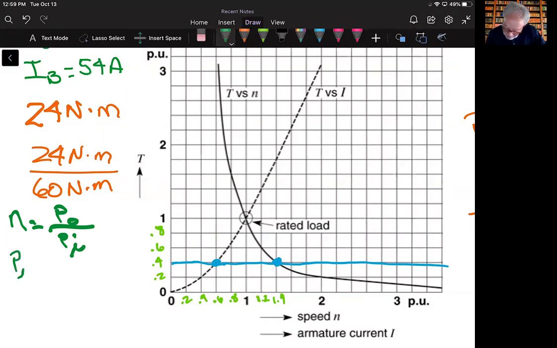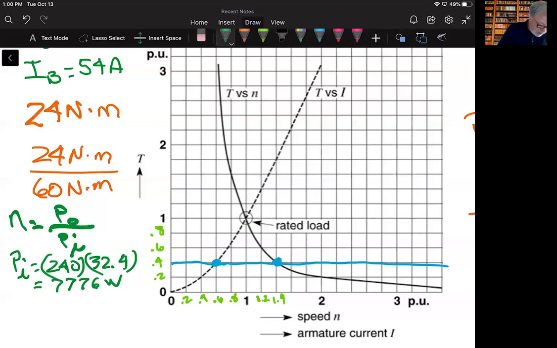The power in for the situation we were just operating in: I had the voltage, which was given at 240 volts. That's not going to change. But the current was 32.4 amps. So the power in was 7,776 watts. Power is current times voltage.